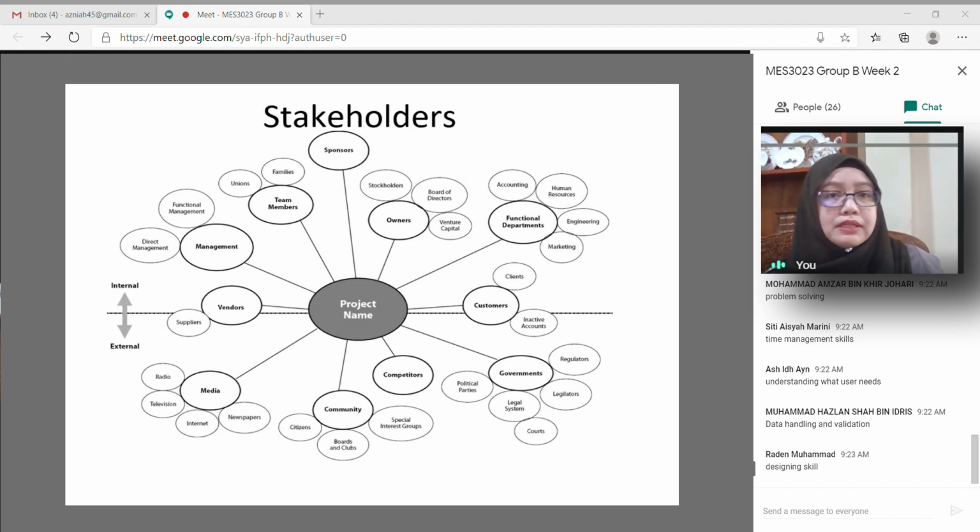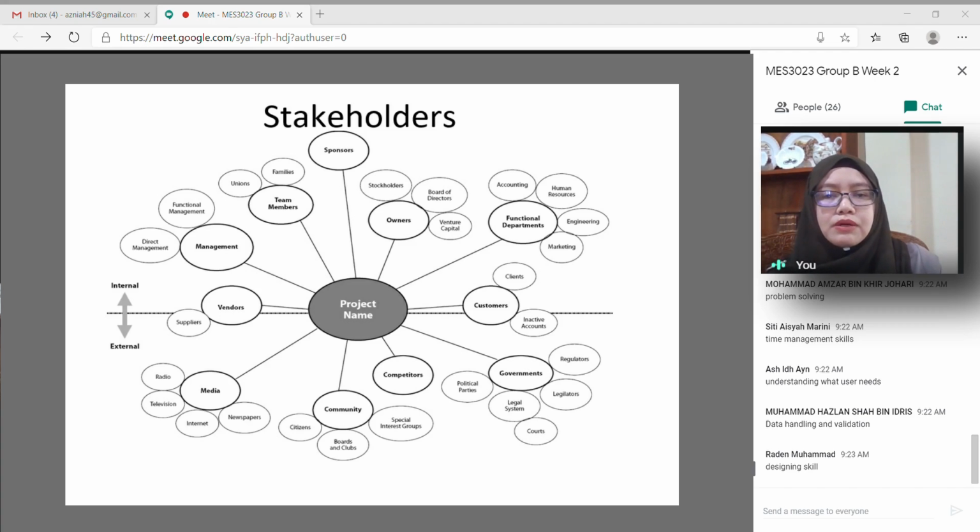The agencies, the legislations, there are lots of legal things. So you need to identify each of these categories when you're doing the stakeholder analysis, because you need to find out which of these people will be related, or you need to go and see them, or you need to get some information from them.